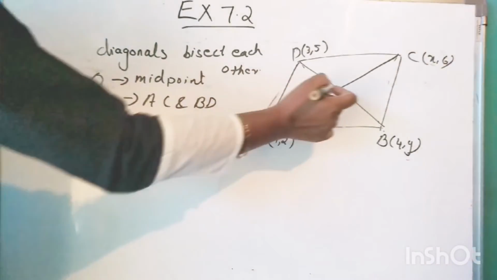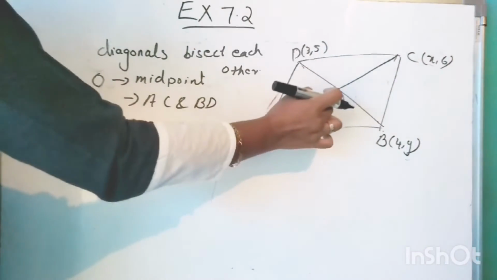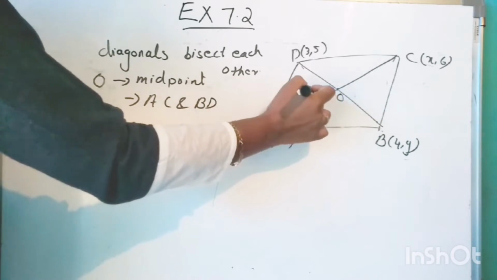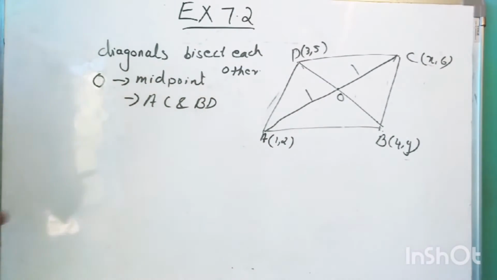Since O is the midpoint of the diagonal AC, O divides AC in the ratio 1:1.